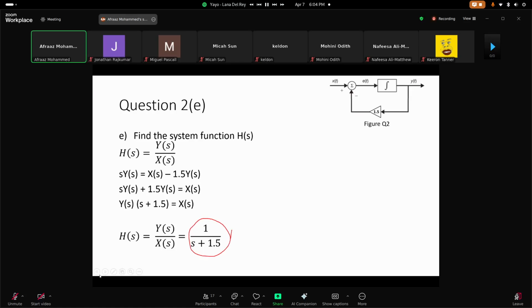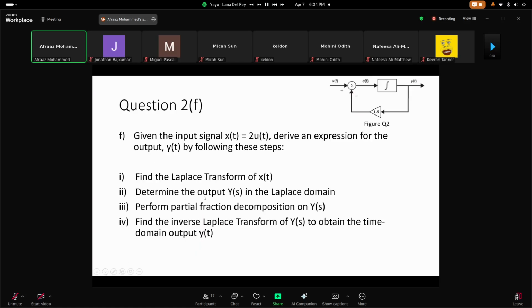Okay, so now that we have that, we're going to input a signal into the system and try to get the response, right? The signal that's put into the system is 2u(t), and you have to follow these steps to get the output in the time domain.